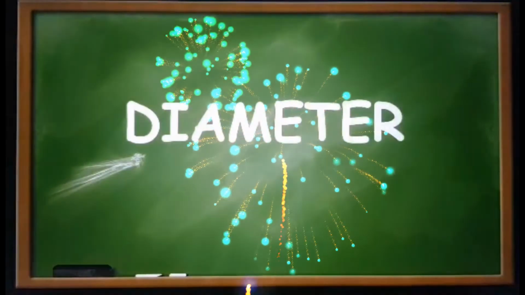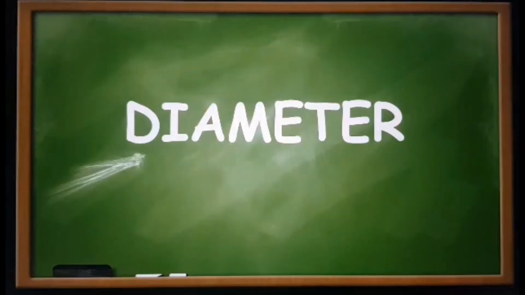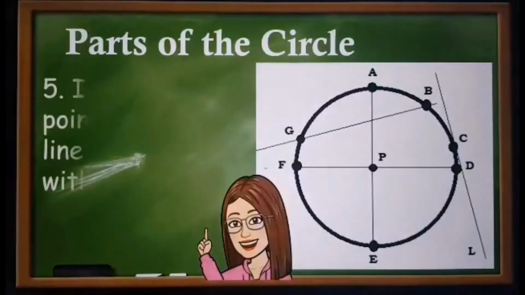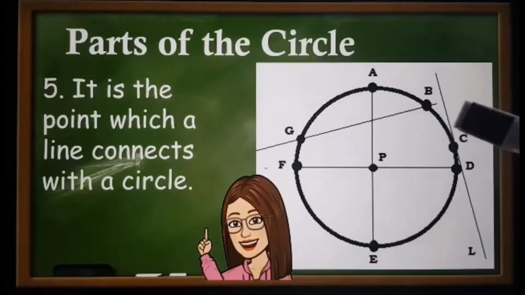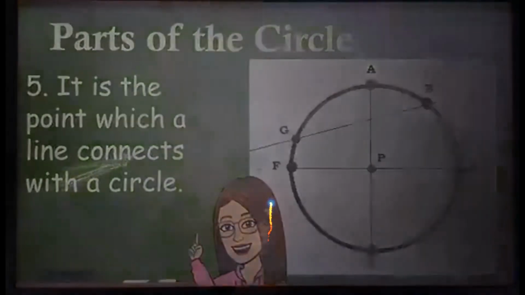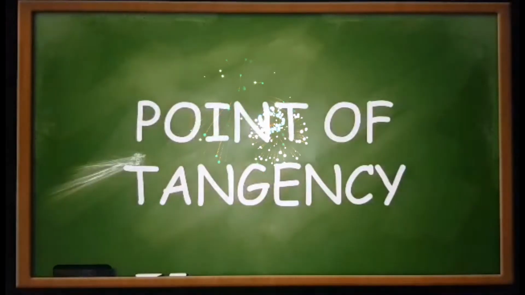The answer is diameter. Let's have the last one. It is the point which a line connects on or with a circle. Awesome! That is the point of tangency.